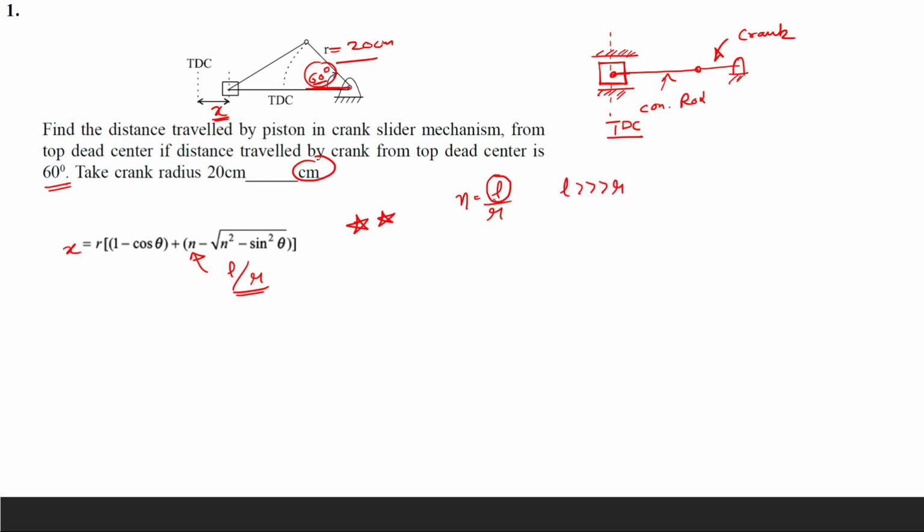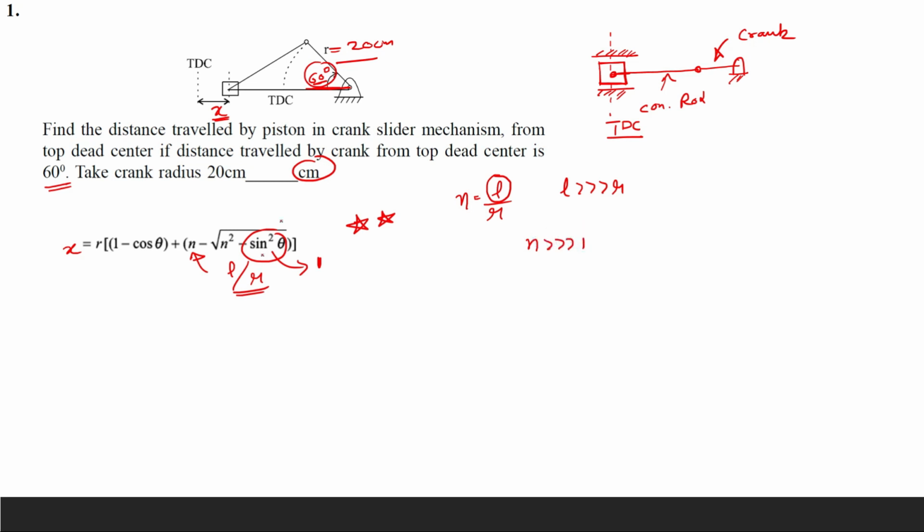So n is very large. Now the maximum value of sin theta can be 1, but the value of n is very much greater than 1.